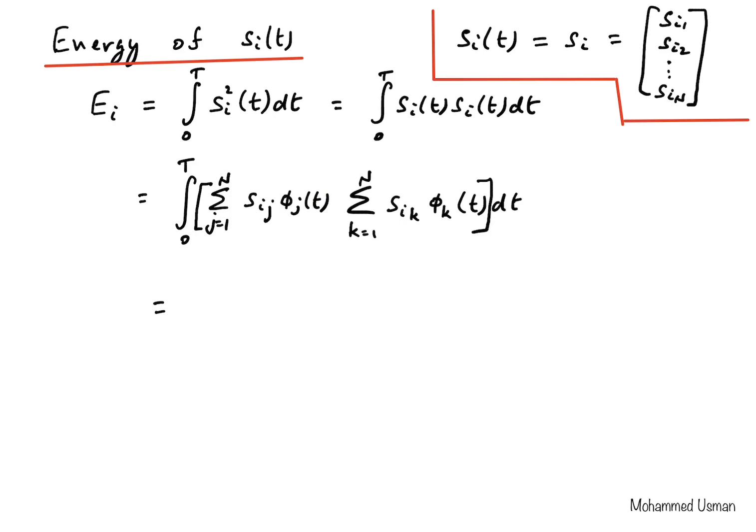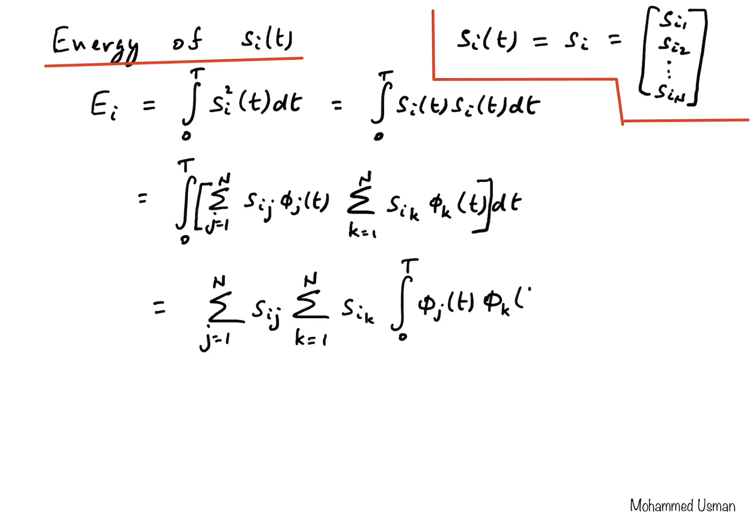So we'll have it as summation j equals 1 to n Sij into summation k equals 1 to n Sik into the integral 0 to t phi j of t into phi k of t dt. So only the time dependent functions are kept inside the integral. All the others have been taken out of the integral.